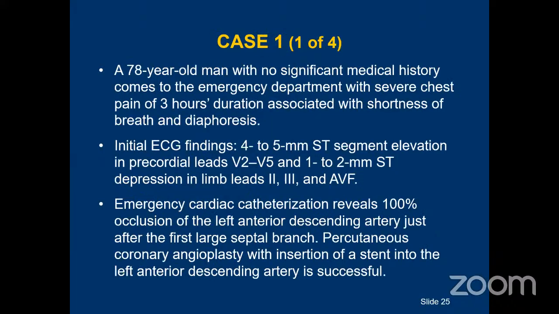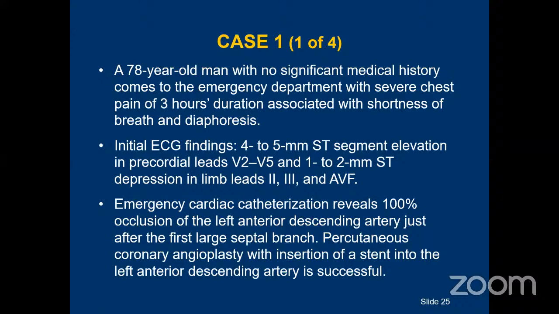So now let's go through a couple of cases. My first case is a 78-year-old man with no significant medical history who comes to the ED with severe chest pain for 3 hours duration associated with shortness of breath and diaphoresis.